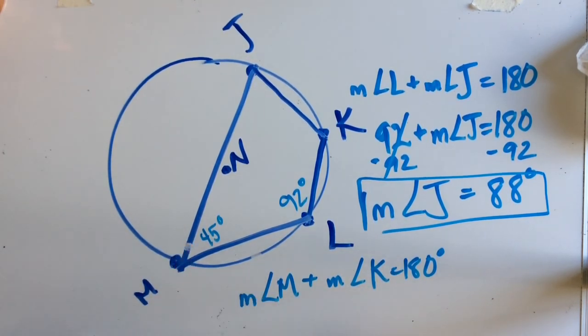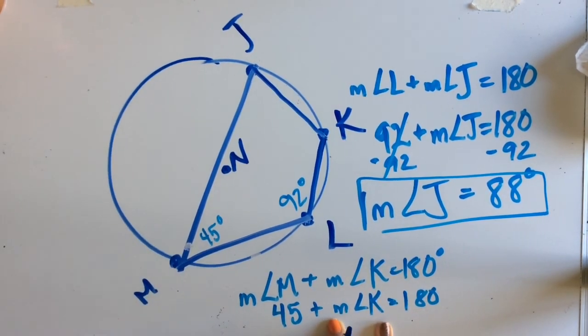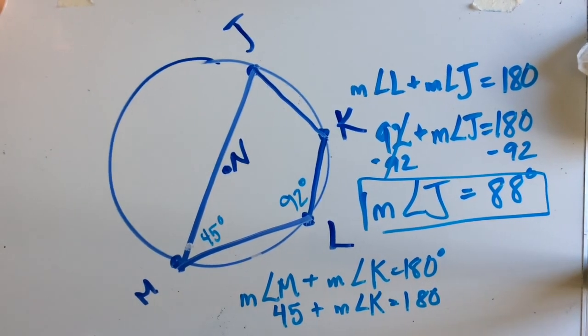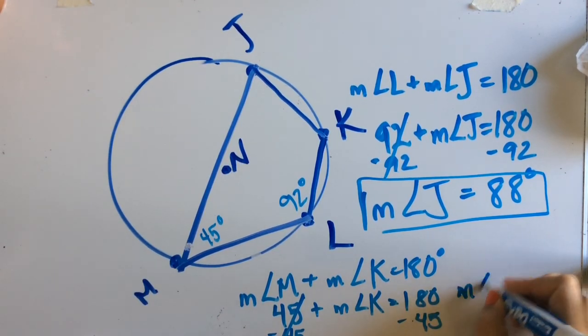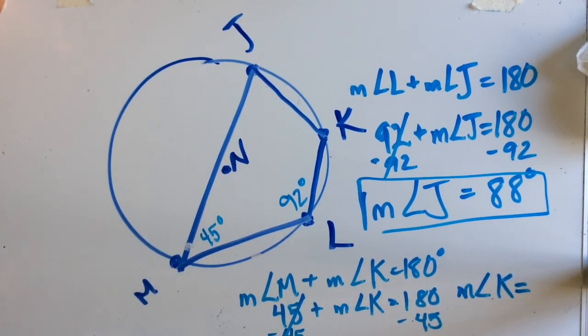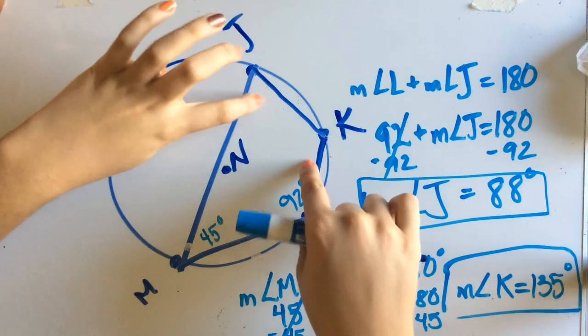So I'm going to plug in 45 degrees because I know that the measure of angle M is 45 degrees plus, instead of writing out the measure of angle K, if that's confusing for you to look at, you can just put X, right? It's the same thing as just solving for a variable. So I'm going to subtract 45 degrees from both sides. And I get, I'm just going to write it next to it, the measure of angle K is equal to 135 degrees. Okay, so now I've found both of my missing angles, and that's all I really need to do to find the measurements of this inscribed quadrilateral.